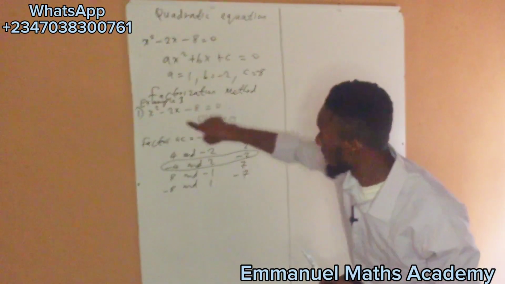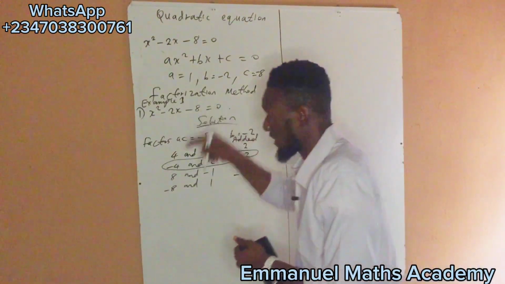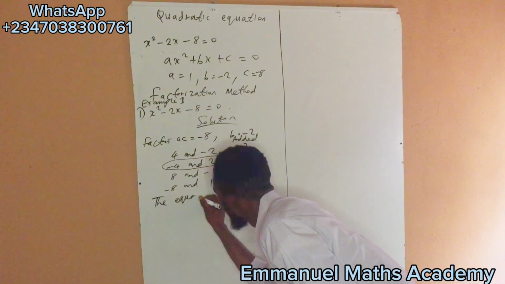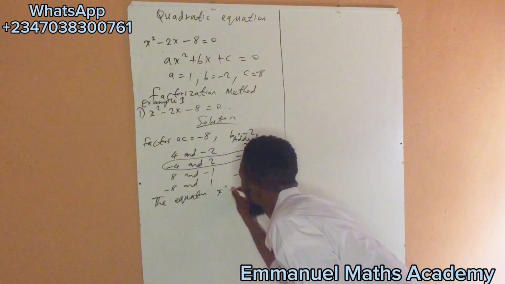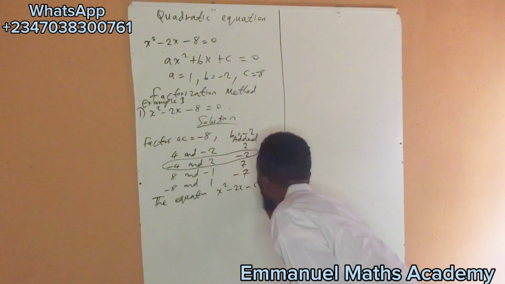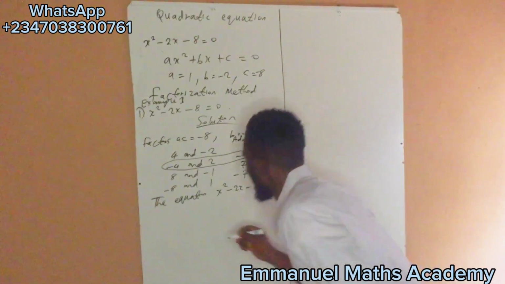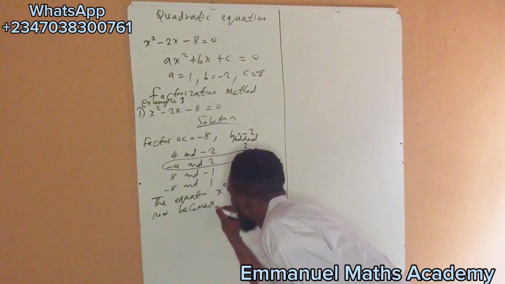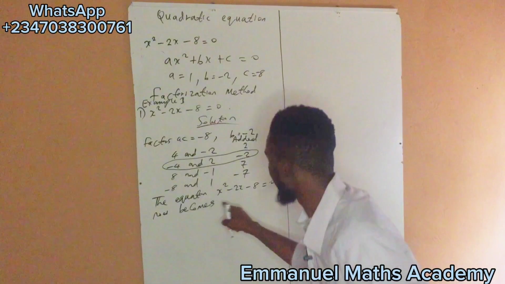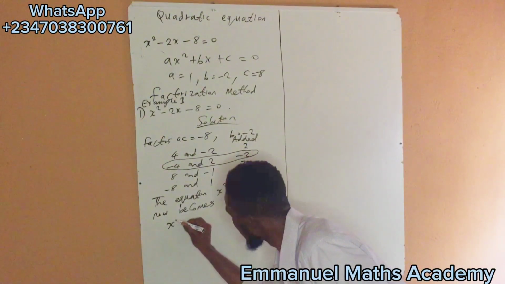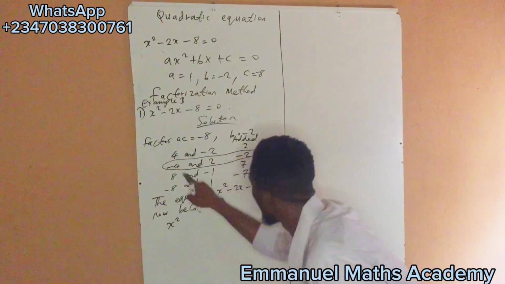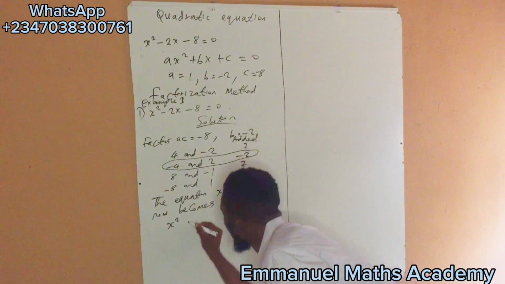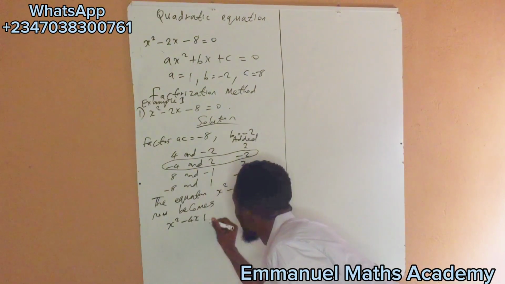Now, the equation x squared minus 2x minus 8 equal to 0 now becomes what? x squared, then you write out minus 4x plus 2x.